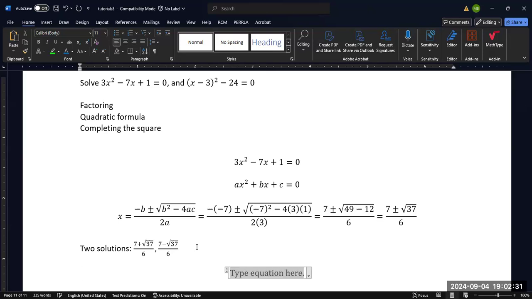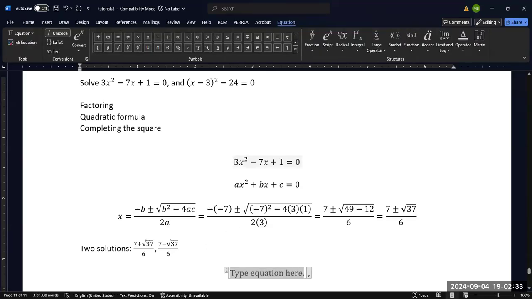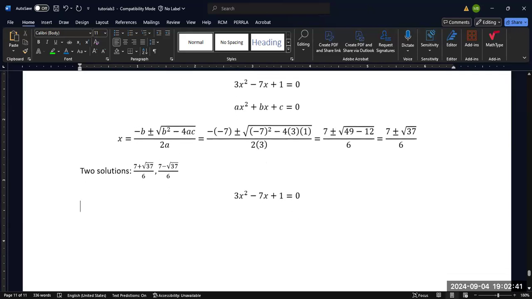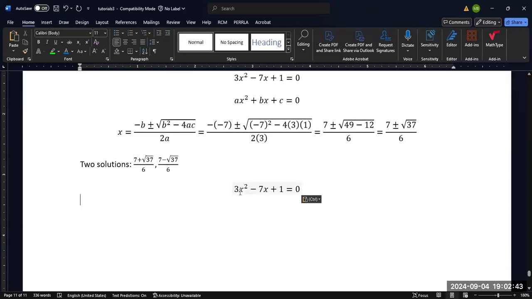Now, the other way that we can go about solving this problem is completing the square. Completing the square, when you have a coefficient out front, can be a little bit tricky, but probably the easiest way to do it when you have an equation and you're not solving it in place is not merely to factor out the 3.